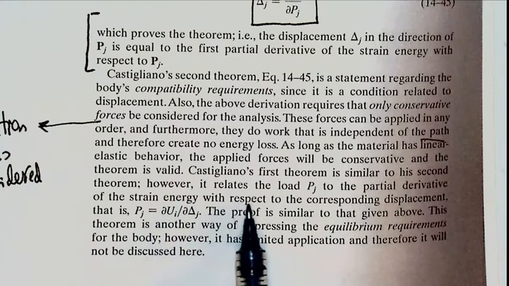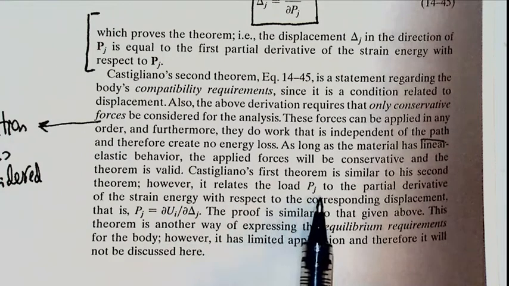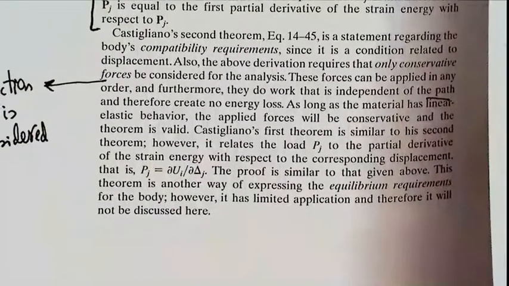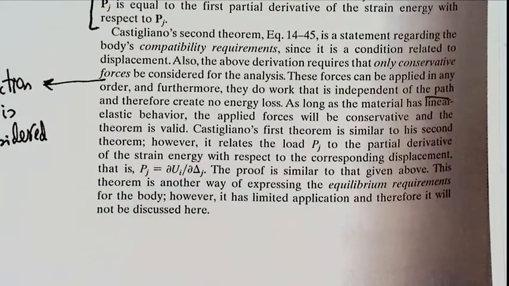However, it relates the load Pj to the partial derivative, that is, Pj equals dU_i over dPj. The proof is similar and given above. This theorem is another way of expressing equilibrium requirements for the body. However, it has limited application and therefore it will not be discussed here.